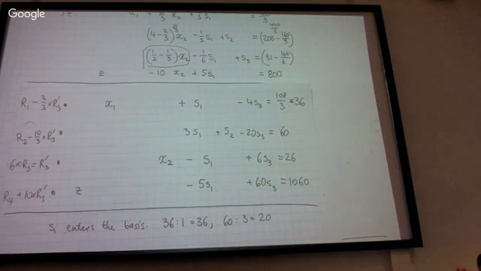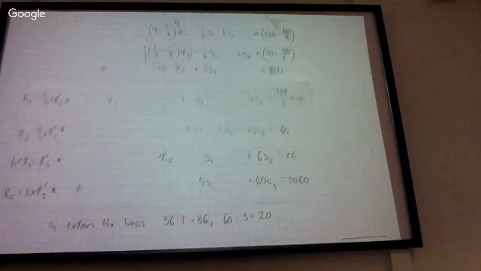Now we have an interesting phenomenon. We have 26 divided by -1. But that one we don't want.